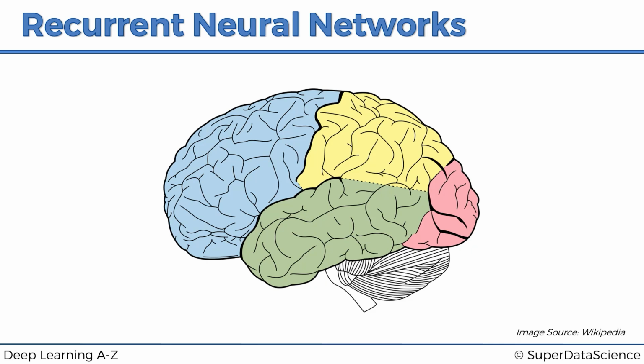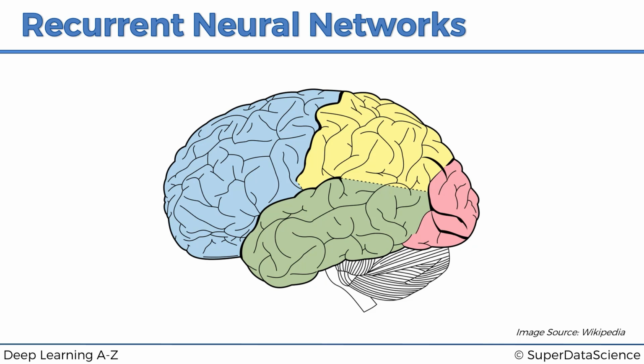I thought it would be pretty cool if we can somehow link the different branches of deep learning that we've discussed, ANN, CNN, and now RNN, to certain parts of the human brain, if it would make sense. So let's have a look.